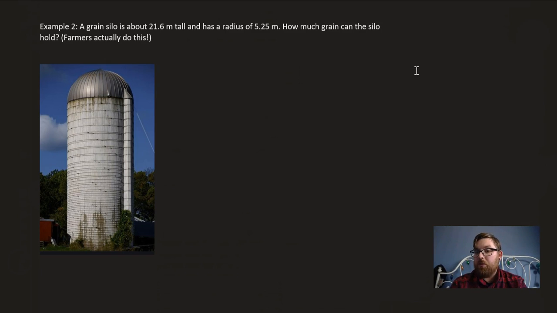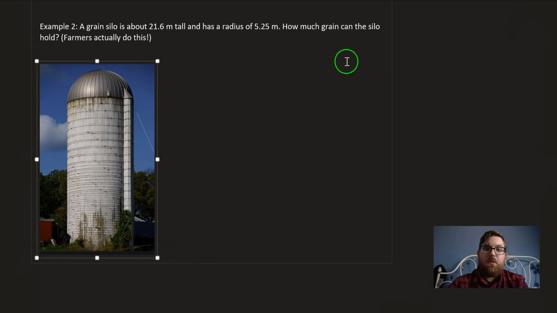And so you measure the radius of it, which they would have already, and they measure the depth of how much grain or whatever product they have, and then they calculate the volume. And it actually tells them pretty accurately how much they have. So this is grain.